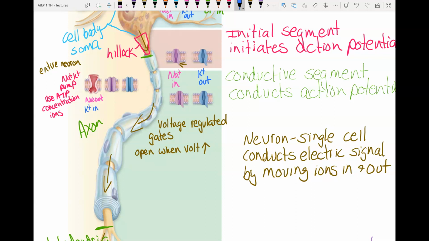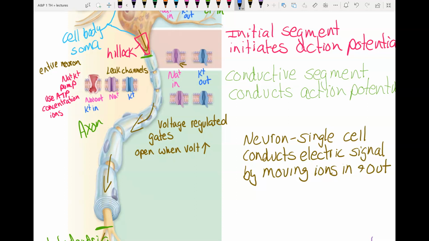The other 2 are leak channels. So notice there's no flap there. They don't close. So these are channels. And you have the pink one is sodium, and the blue one is potassium. So a channel is always open, but notice it says leak channel.